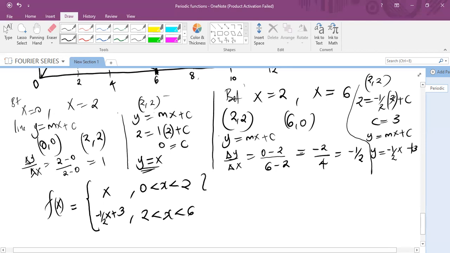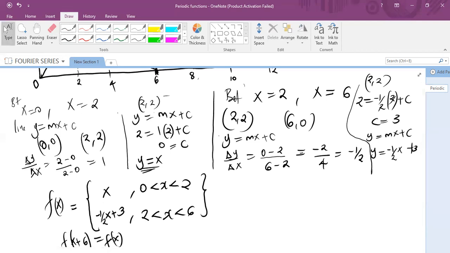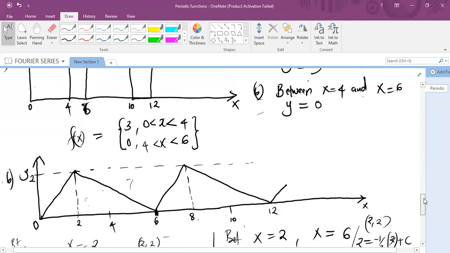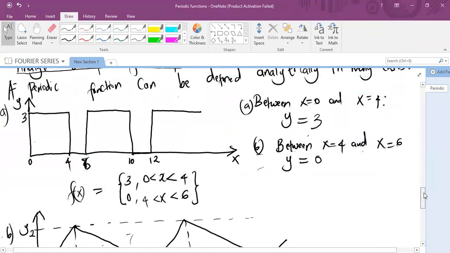Now, since we know the period, we can indicate that down here as f of x plus, it starts repeating itself after 6. So the period is 6. So f of x plus 6 is basically equal to f of x. And similarly on the upper graph as well, the period here was, so it started repeating itself.